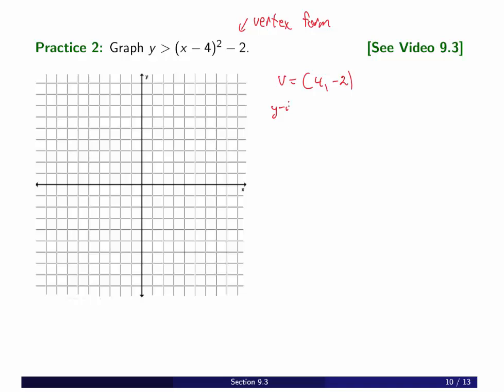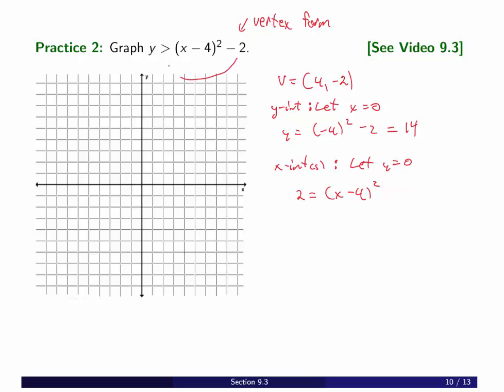When you're in vertex form, you can't immediately get the y-intercept, so I'm going to find the y-intercept by letting x equal 0. So y is going to be equal to negative 4 squared minus 2, which is equal to 14. For the x-intercepts, I'm going to let y equal 0. When you do that, you get 2 equals x minus 4 squared.